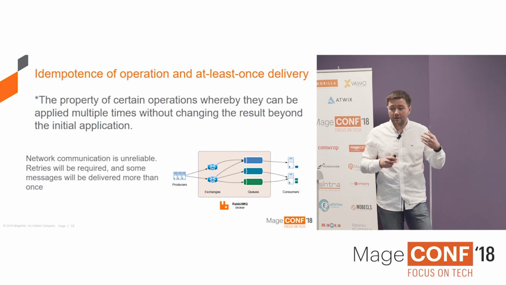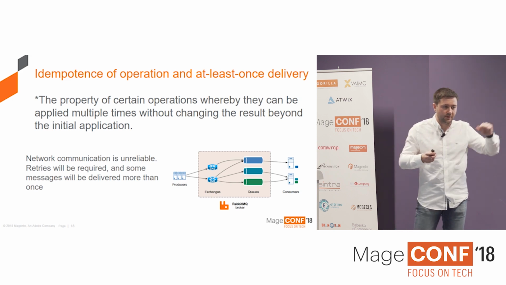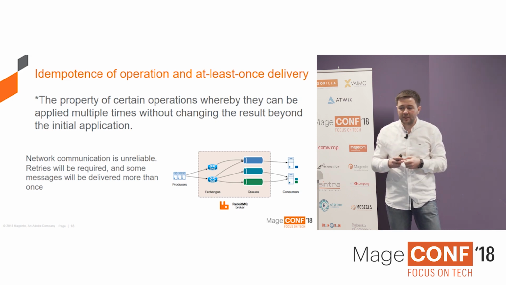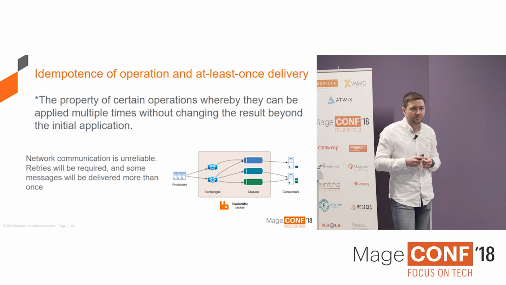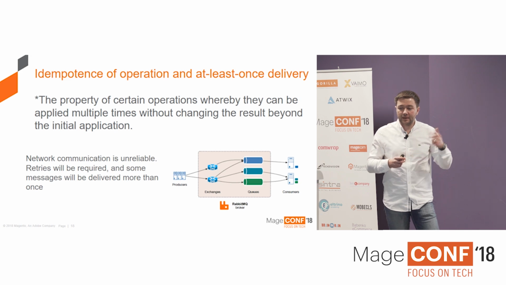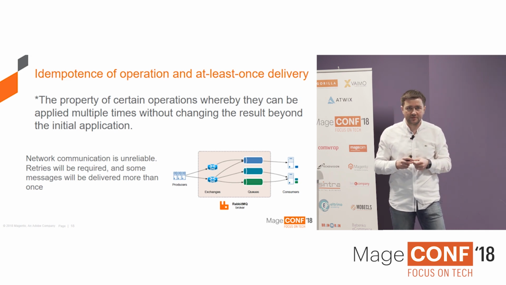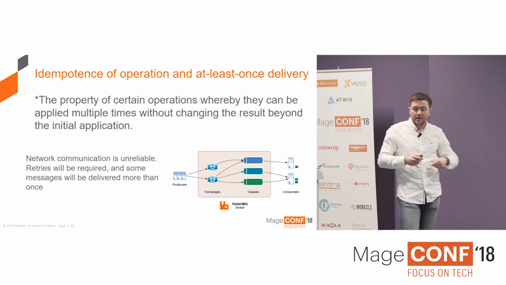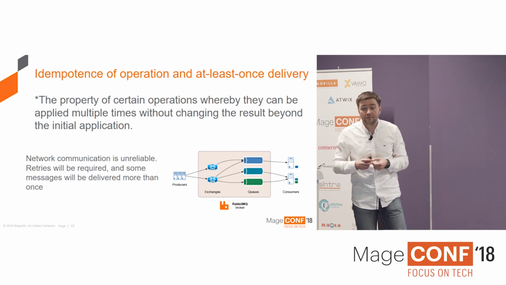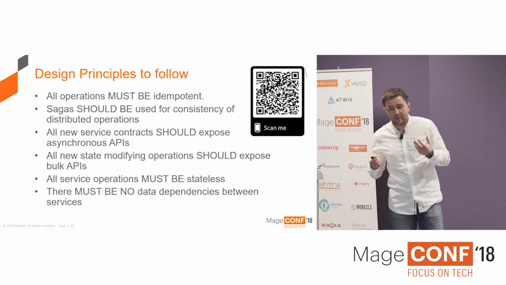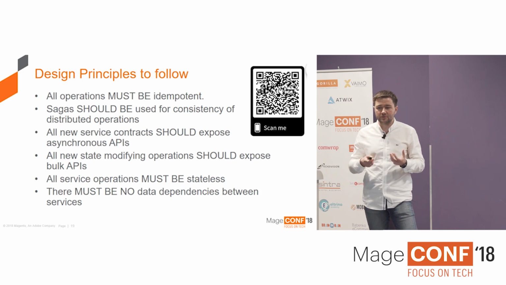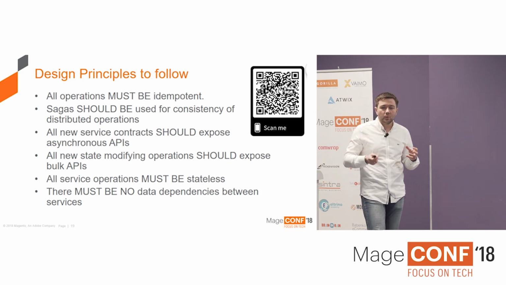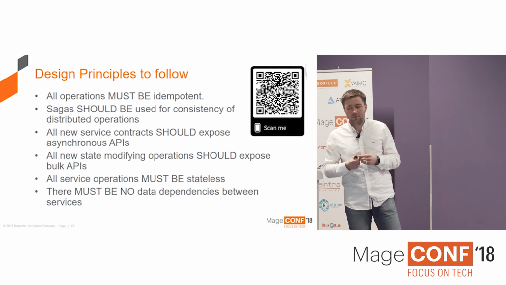If you have the broker and a worker, and you signal to the worker that some data should be incremented, you can get a wrong result, because RabbitMQ will send the message to the worker several times, and the worker will make the increment several times instead of once. So when building these services, you're supposed to accept that and make all the services idempotent. Out of here, we come to the design principles to follow.